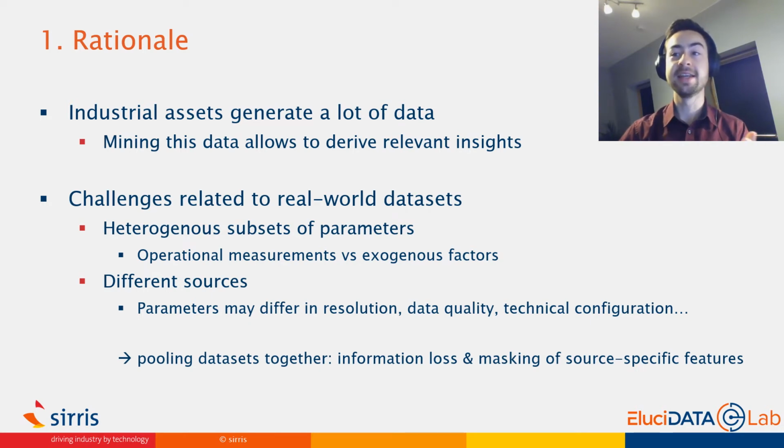The easiest solution to use data from different sources might be to pool these data sets together, but this can result in information loss and masking of source-specific features. So we need to find a more intelligent way to handle this kind of data.